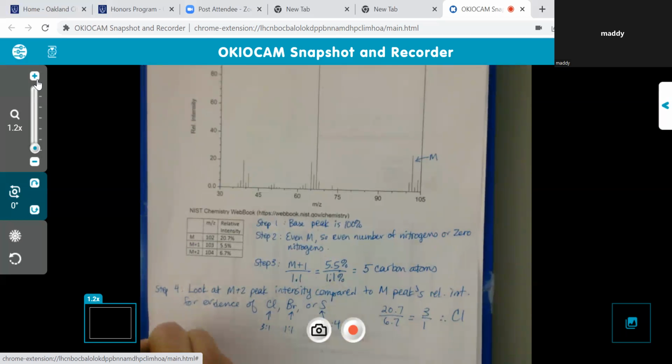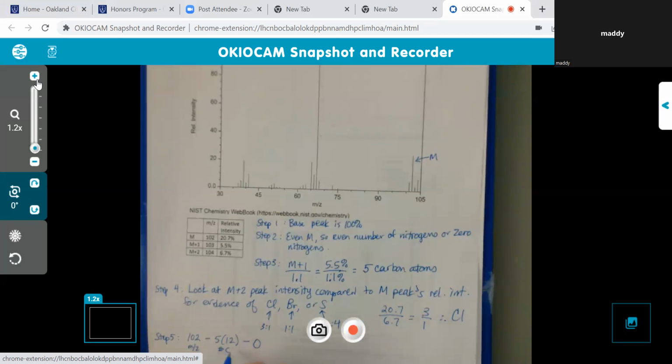So step 5, you subtract the isotopic masses of the known atoms from the parent. So our parent was 102. We're going to subtract 5 carbon atoms, and we're going to subtract, let's subtract 0.